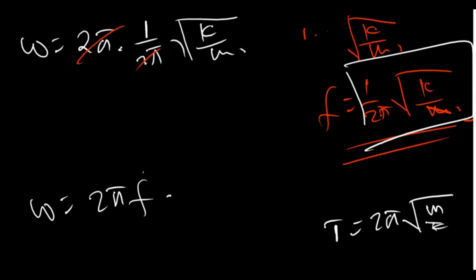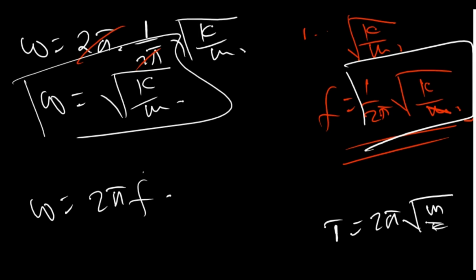So the formula for angular frequency is equal to the square root of k over m. This is the relationship between circular motion and simple harmonic motion. So for simple harmonic motion, the angular frequency is given by the square root of k over m, the period is given by 2 pi the square root of m over k, and the frequency is given by 1 over 2 pi times the square root of k over m.